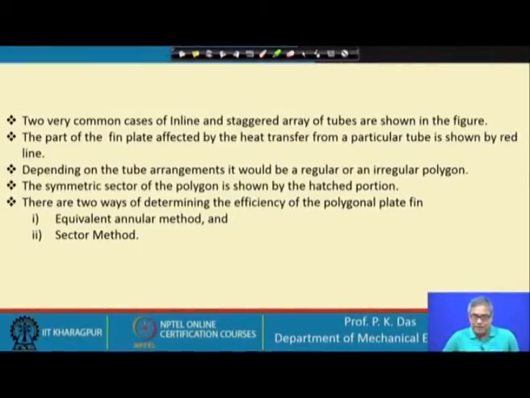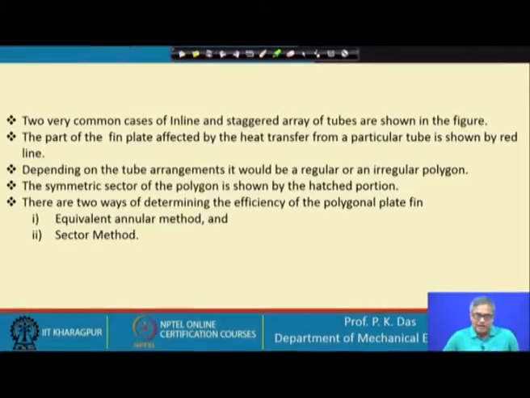Depending on the tube arrangement, it should be a regular or irregular polygon. So, depending how we are arranging the tube, there could be different kinds of polygon starting from square, rectangle, etc., and they could be regular polygon or irregular polygon depending on the arrangement of the tube.